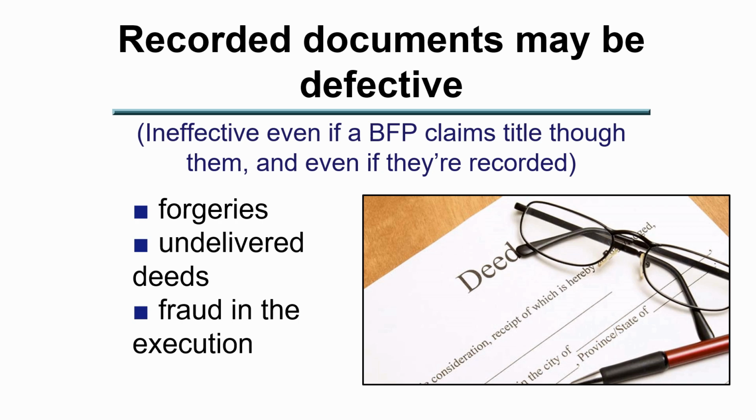It might have been executed as a result of fraud and therefore might be void for that reason. You can't detect typically any of those problems by looking at the document in the public records, so you're likely to conclude that the document is okay when in fact it doesn't convey anything. The point to remember is that recording a document doesn't make it any better than it was before. If it was defective before and you record it, it's still defective.